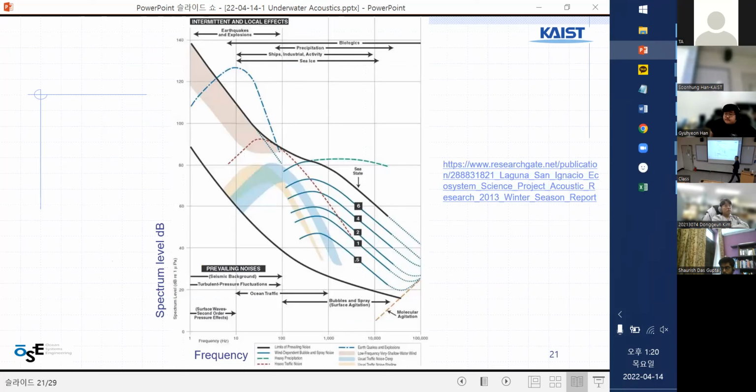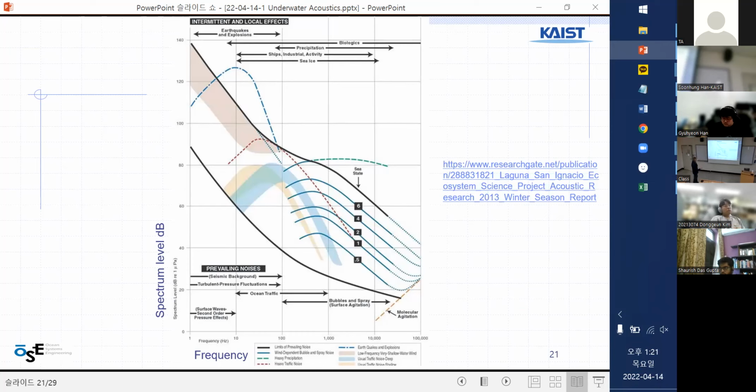This is a spectrum level. Earthquake, biological, precipitation, some raining, ship, and then sea ice.